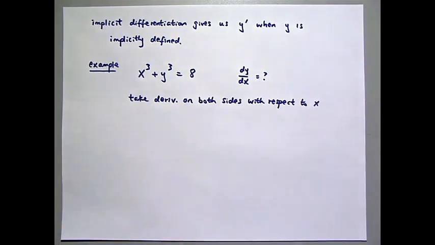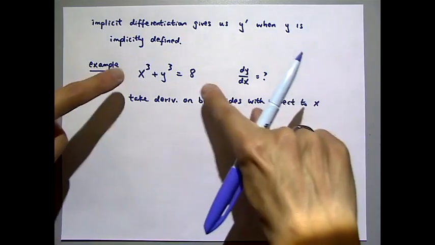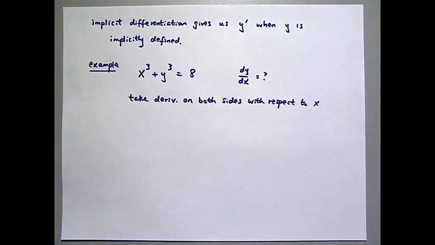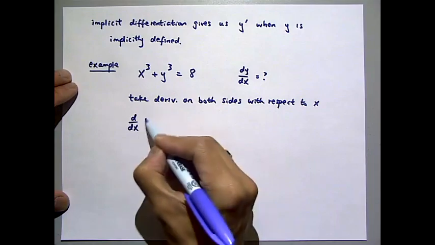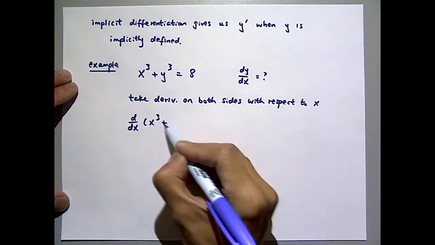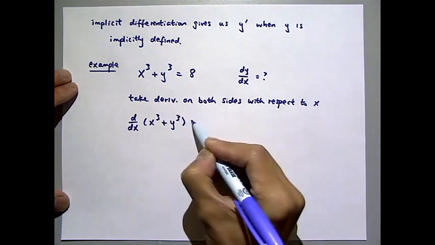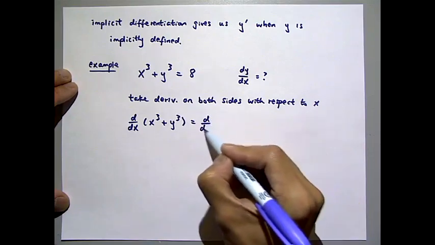With respect to x, x is the independent variable here. If both sides are equal, then derivatives must also be equal. So we get the derivative of the left side equal to the derivative of the right side.